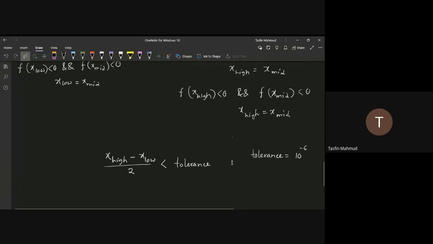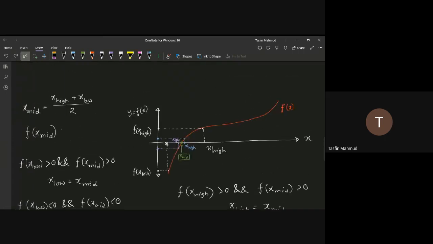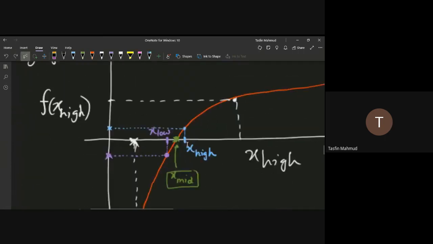So if this condition is fulfilled, we can say our solution is found. So what does it represent? X high minus x low represents how close we are to the root.